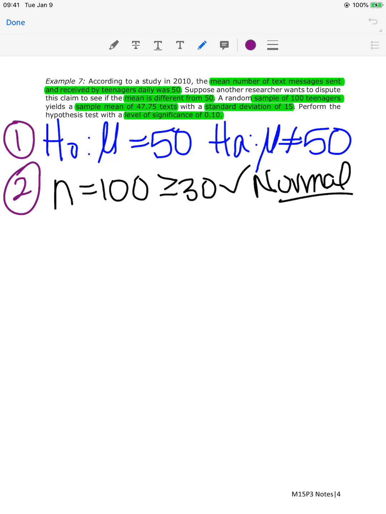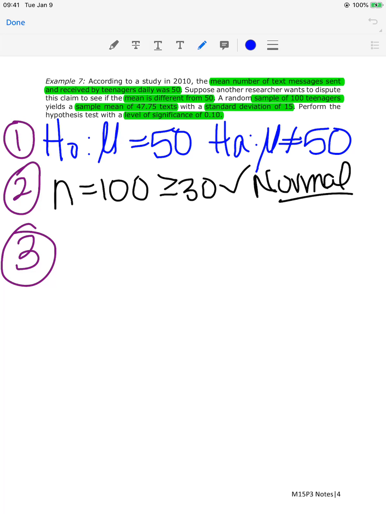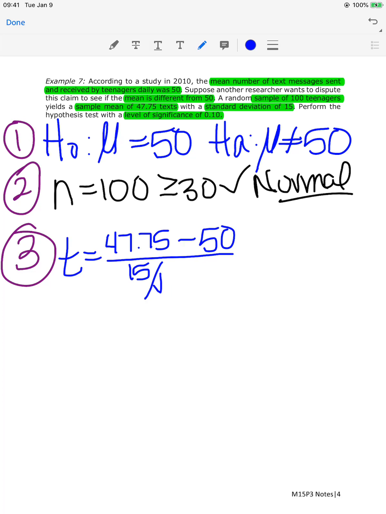Step 3, calculate that t-score. So t equals the sample mean, 47.75, minus the population mean, which is in the null hypothesis, 50, over the sample standard deviation divided by the square root of the sample size.